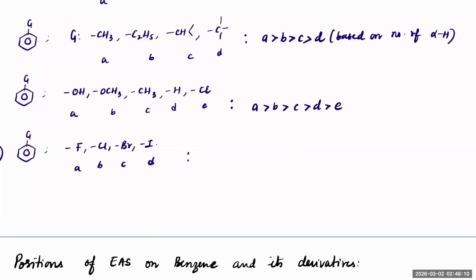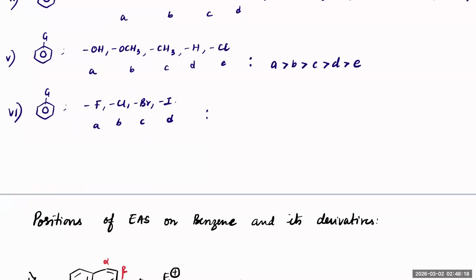Now, in the case of fluorine, chlorine, bromine, and iodine, what has been noticed in these four is that fluorine is offering its lone pair towards benzene, and that is making it plus M. But it is also pulling, that is making it minus I. Minus I is greater than plus M. But the plus M which it is making is between 2p and 2p overlapping. The lone pair is present in a 2p orbital, and the pi bond here is also 2p.